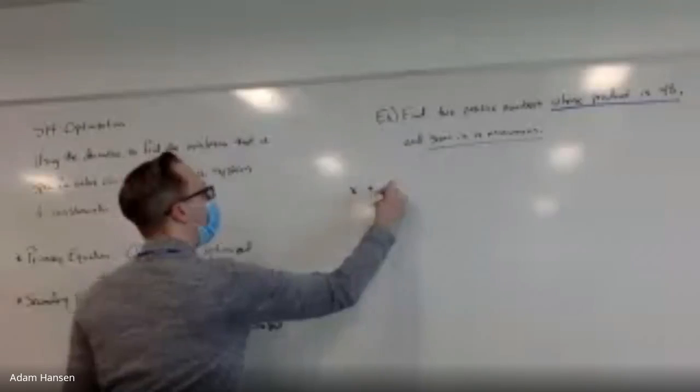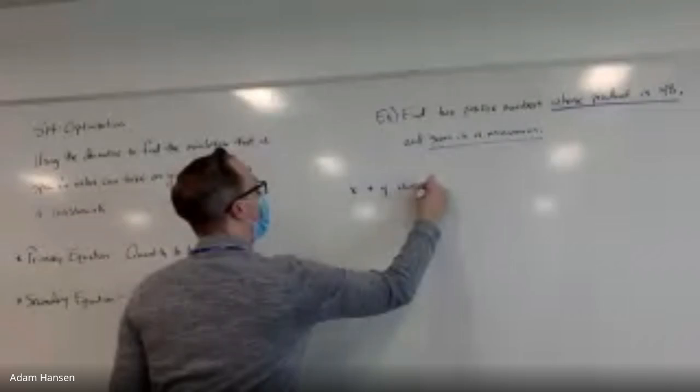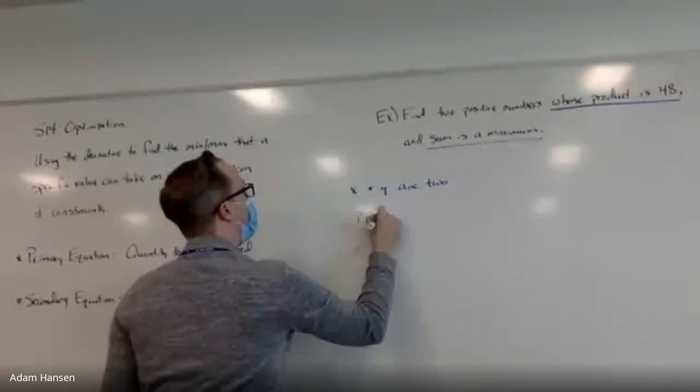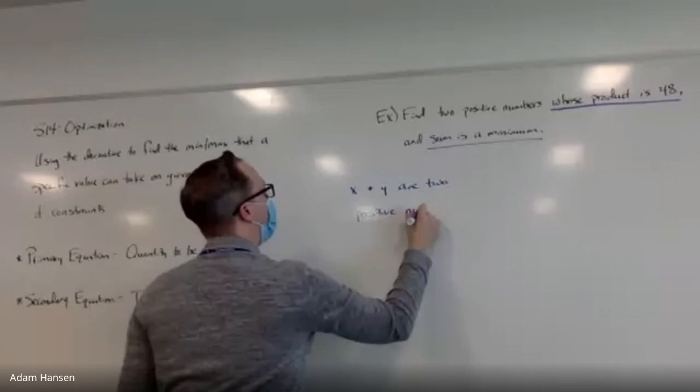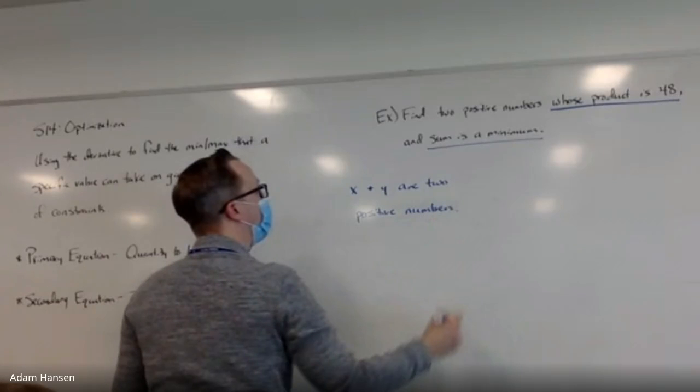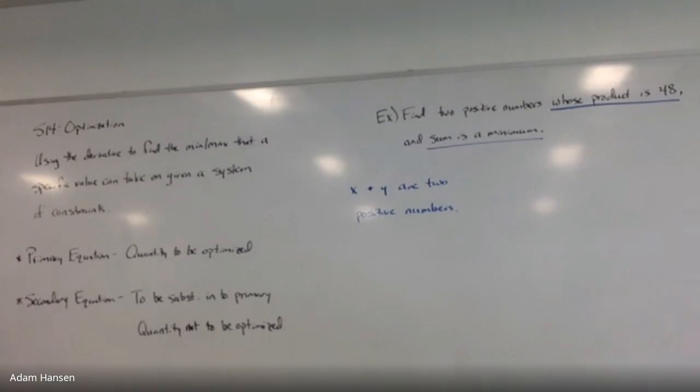I want to find two positive numbers whose sum is the minimum. Let's let x and y be two positive numbers. What I want to optimize: I want the sum to be a minimum.